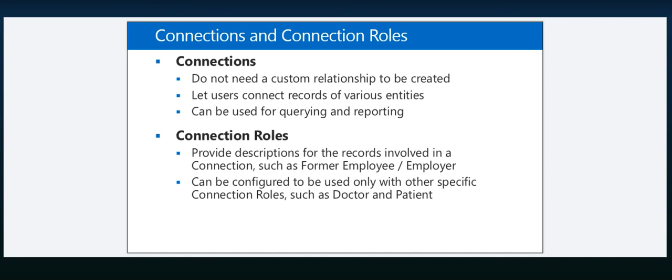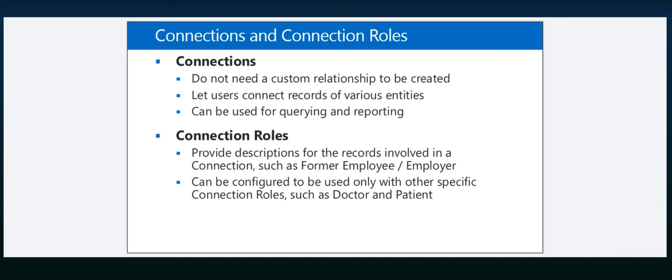That provides all the descriptions involved, like former employer, employer, doctor-patient relationships, golf buddy, whatever kind of connection roles you want to create between different records. And it doesn't have to be of the same entity type. You can basically connect any entity to another entity.